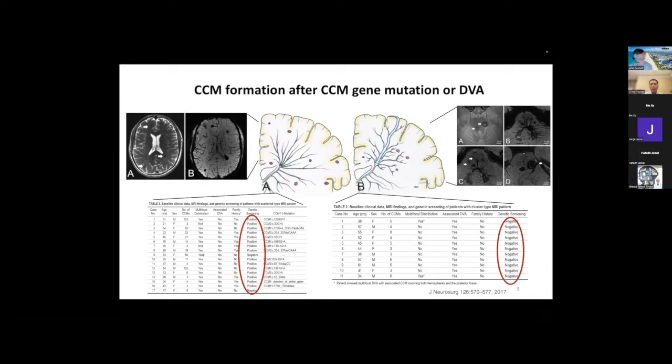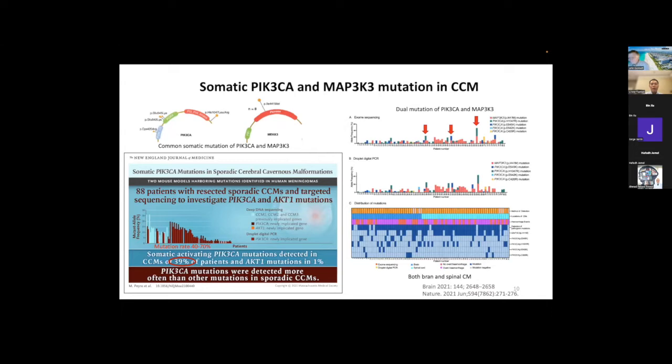And on the other hand, it shows that the CCM might form either after a gene mutation or along a venous anomaly. In the past 2 years, several studies with better sequencing techniques revealed some novel somatic mutations in sporadic CCM cases.